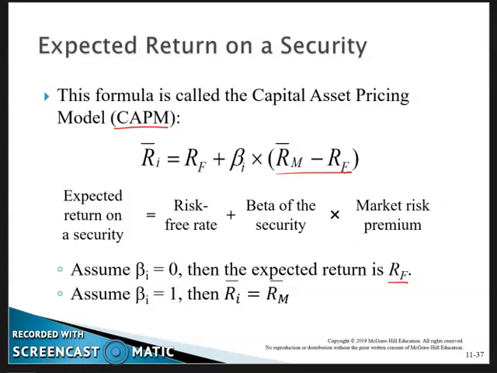Beta 0 implies no risk, or no reaction to a change in the market. Beta equal to 1, then the return on that security is going to equal the return on the market, or the expected return.